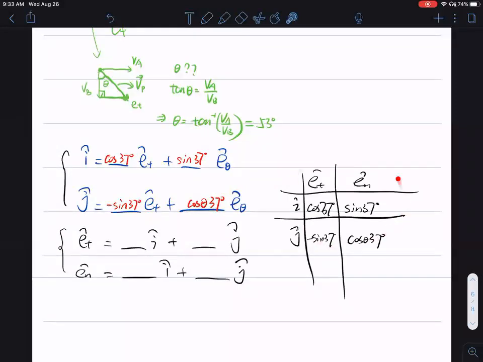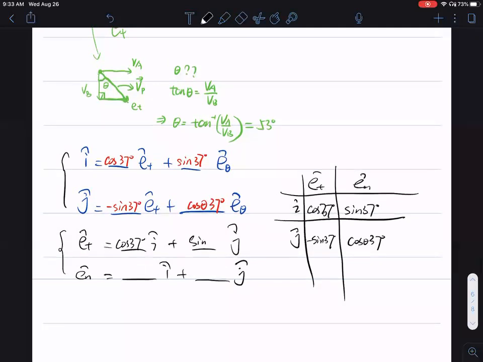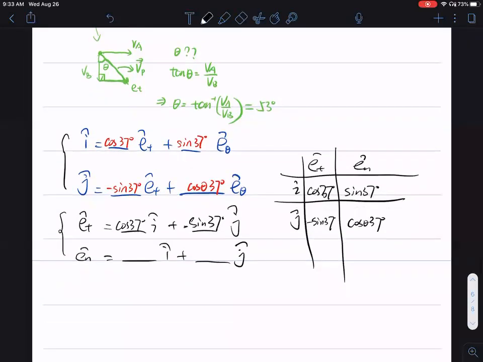So once you build that table, when you try to find what is ET, you can just read that table vertically. ET equals this times I. So we have cosine 37 times I plus negative sine 37 point, that's J. For your EN, we have sine 37 and cosine 37.